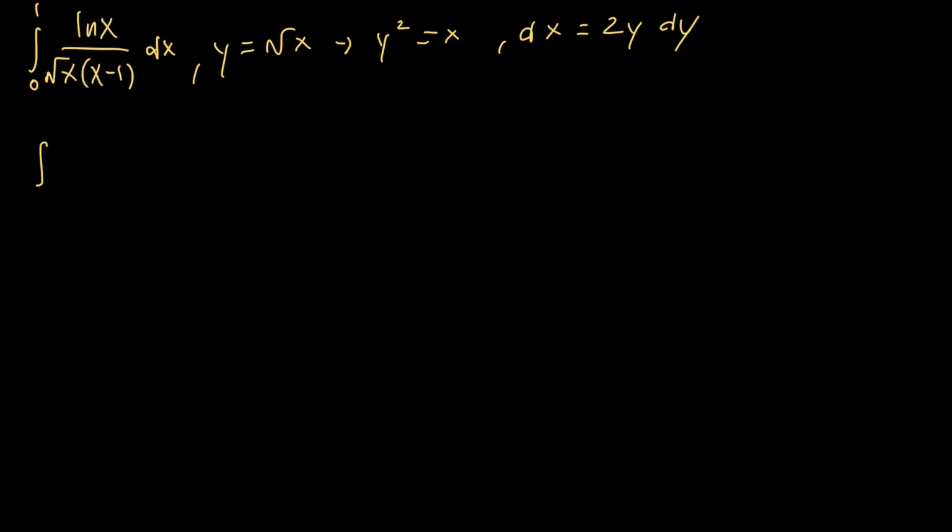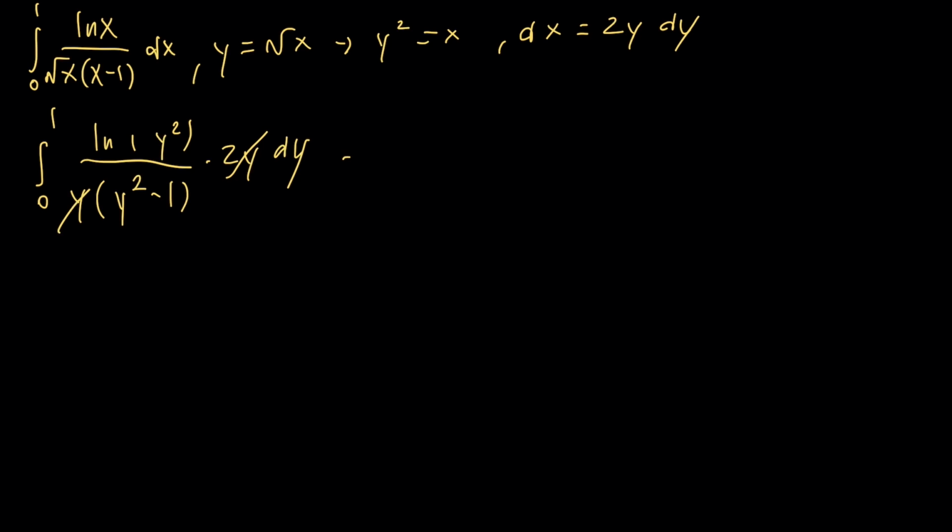So we have the integral from 0 to 1 of the natural log of y squared divided by y times y squared minus 1 times 2y dy. The y's cancel. We have twice the integral from 0 to 1 of the natural log of y squared divided by y squared minus 1 dy.